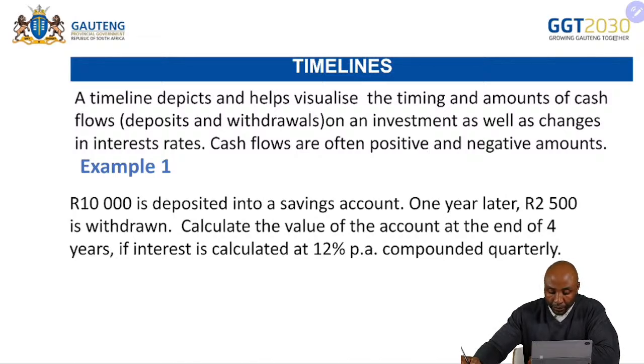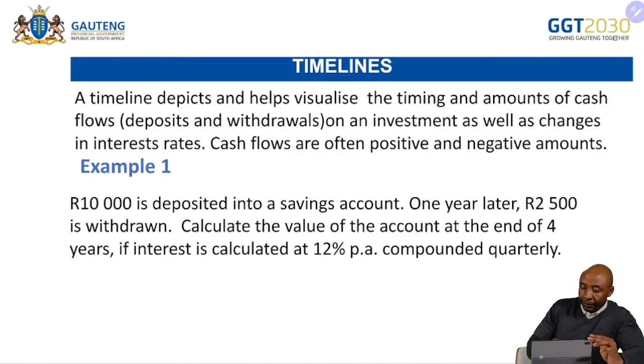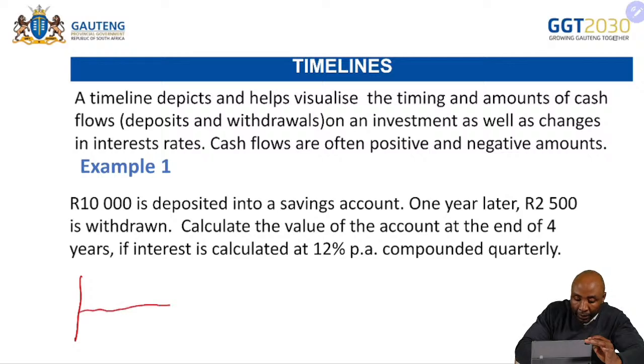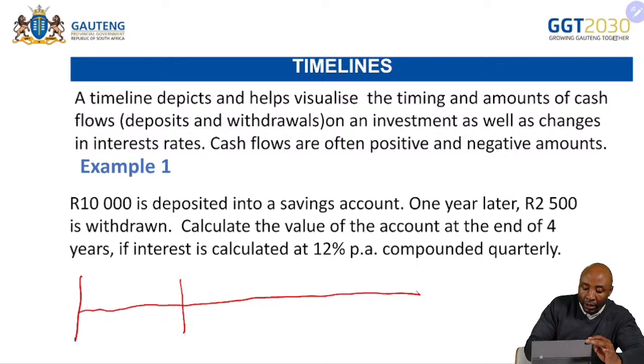Now, we are able to draw what we call a timeline. In an exam, there is no mark for a timeline, but a timeline normally helps us to visualize what is happening, and it helps us to interpret the question correctly. So I'll say at time T0, we are having 10,000 rands.